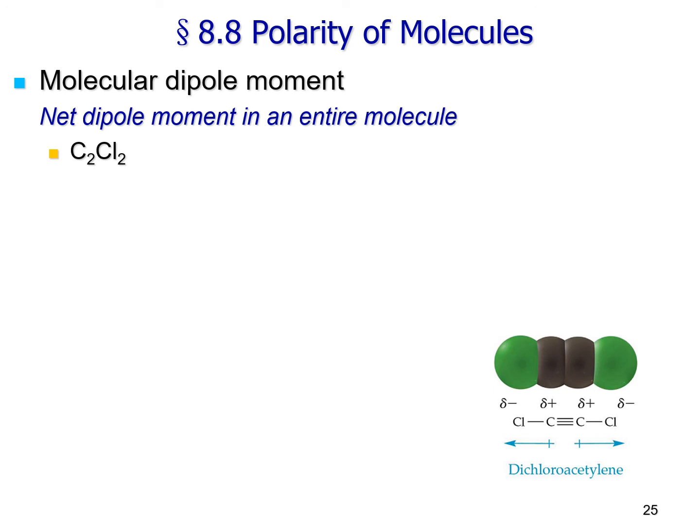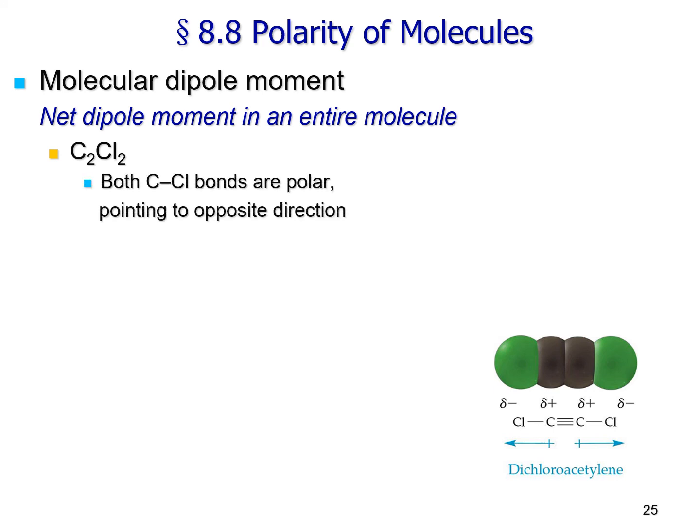That means we have 2 central atoms, and we find out it's linear, right? Why is it linear? Because each carbon has 2 electron groups, and 2 electron groups is linear as its electron group arrangement or electron group geometry.